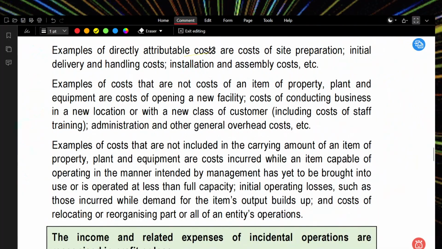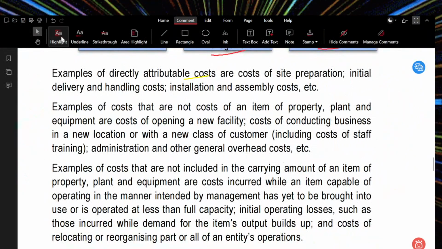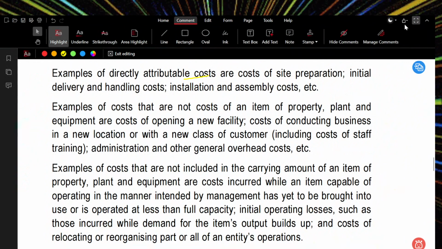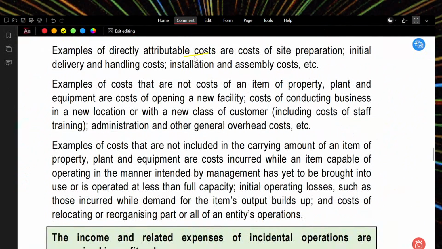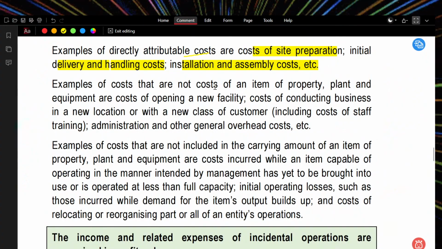Example, directly deliverable costs: the cost of site preparation, initial delivery and handling cost, installation and disassembling cost.